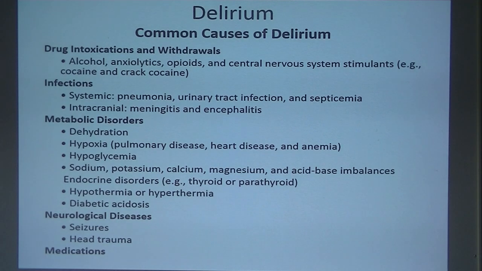They often look at that first as the primary cause for the change in level of consciousness or orientation. So some other conditions would be dehydration, hypoglycemia, some electrolyte imbalances, seizures, head traumas, etc.